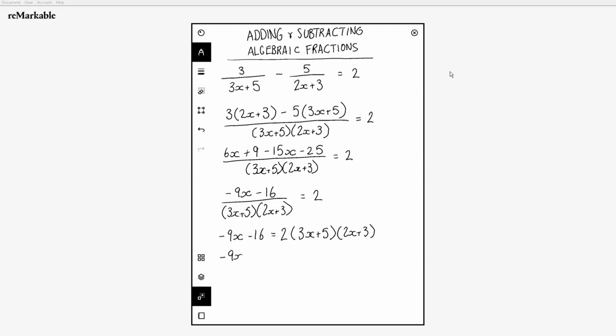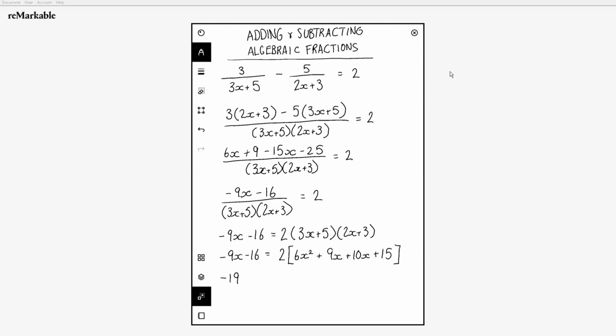Now we can start multiplying out this side of the equation. So minus 9x minus 16 equals, and I would recommend keeping the 2 on the outside for now. I'm going to put my expanded brackets into some square brackets here, just because I like that notation. You can obviously just do normal brackets. If we expand our brackets, 3x times 2x is 6x squared, 3x times 3 is plus 9x, 5 times 2x is plus 10x, and 5 times 3 is plus 15.